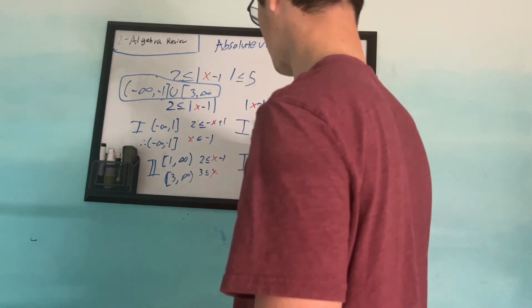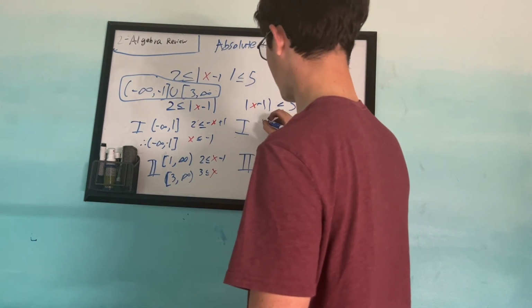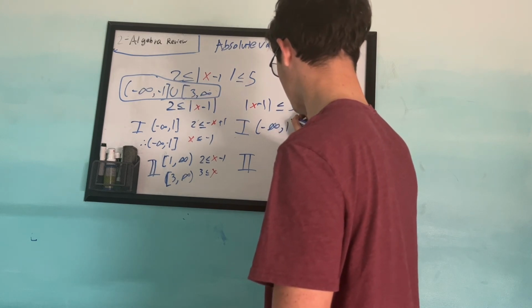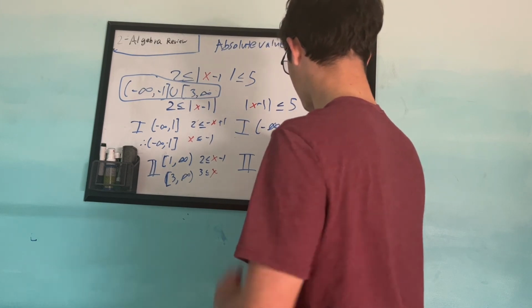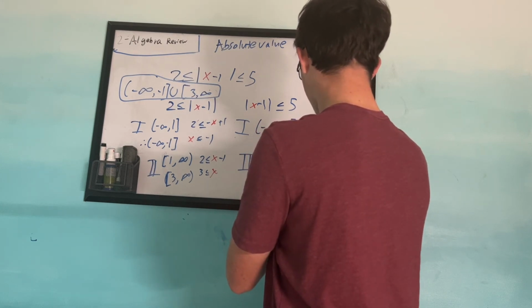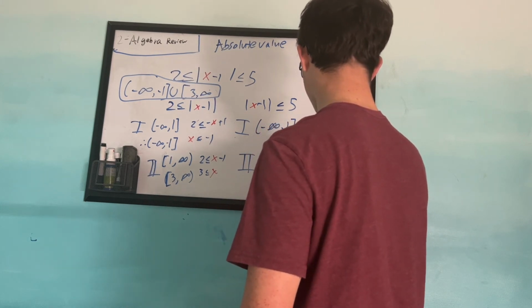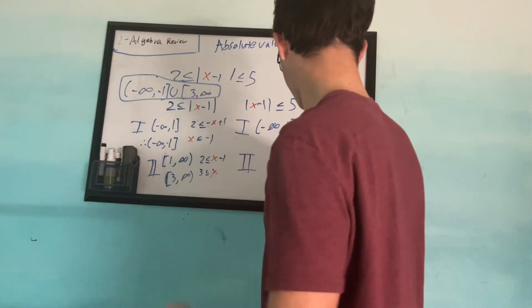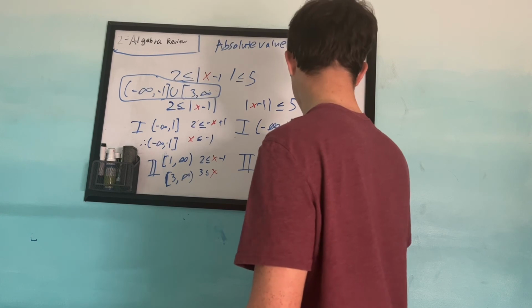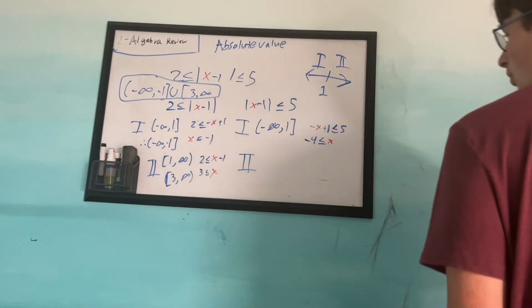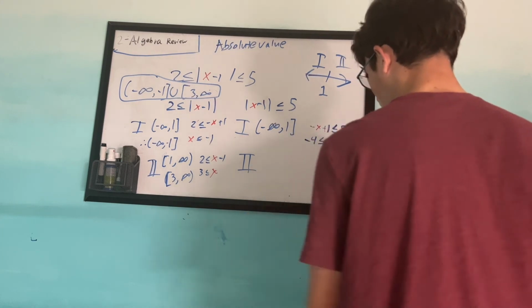Over here, case 1, it's going to be when it's negative, so again, negative infinity to 1, where we have negative x plus 1 is less than or equal to 5. Add x to both sides, subtract 5 from both sides. You get negative 4 is less than or equal to x. And now we're considering where the lower bound is negative 4, upper bound is 1.